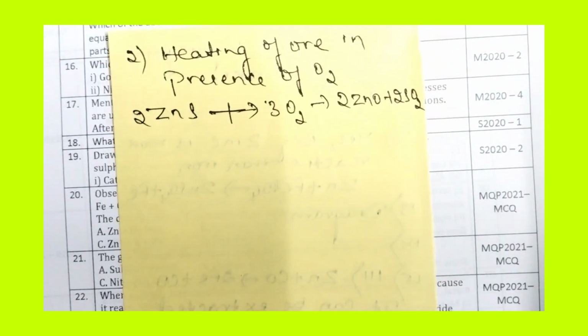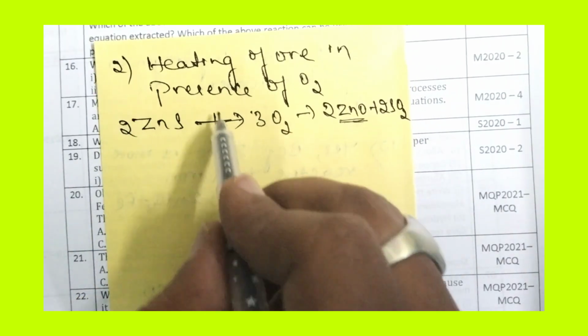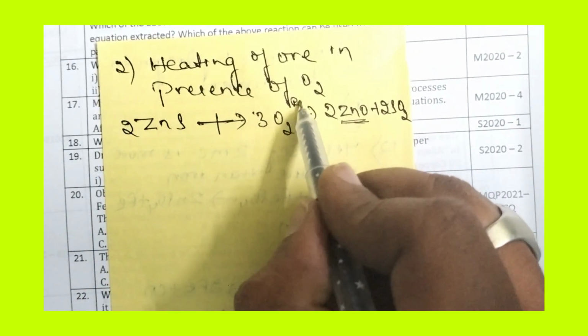So zinc sulfide is converted to zinc oxide. Here we have to write the arrow mark roasting.